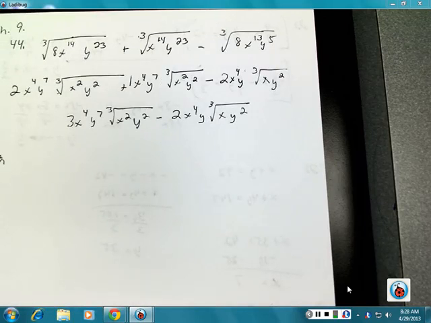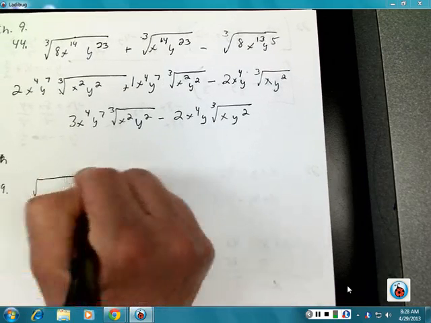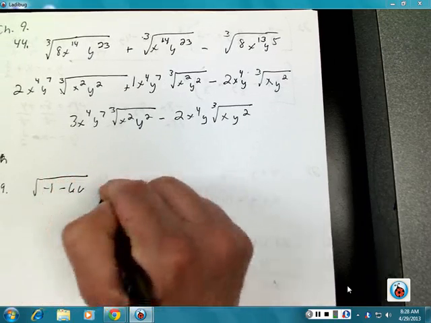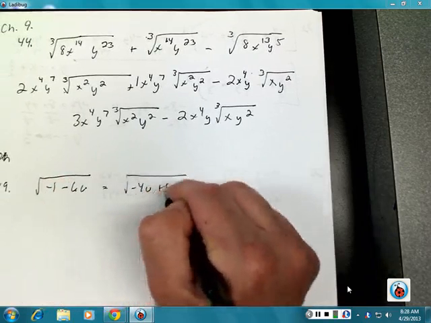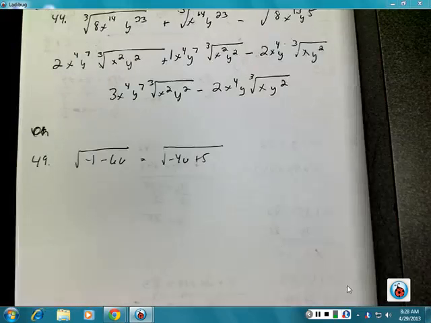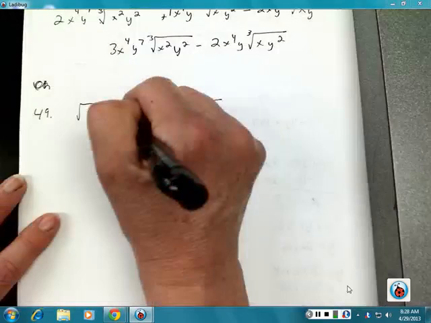49 says solve the following radical equation, or if there is no solution, write no solution. So in 49, we have the square root of -1 minus 6v is equal to the square root of -4v plus 5. Well, when you have radicals on both sides, how do we get rid of them? Square them.